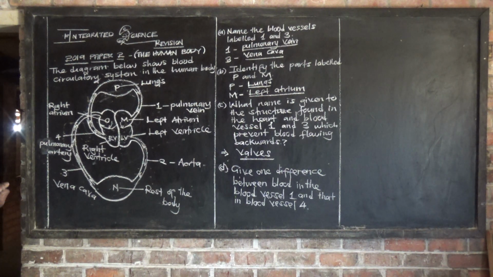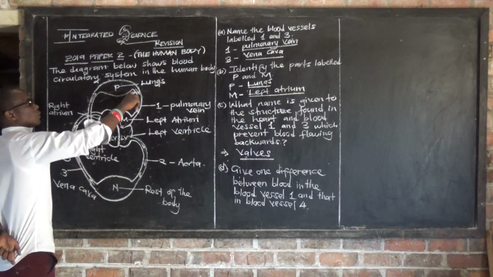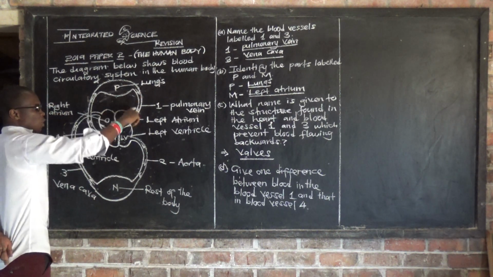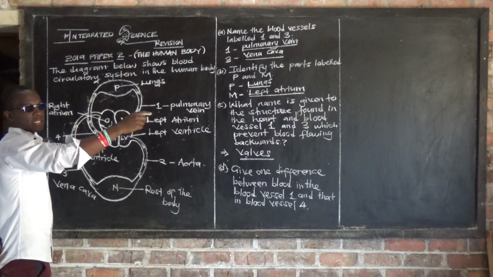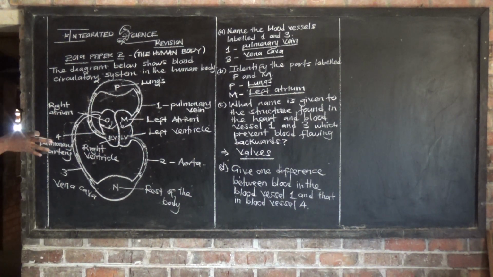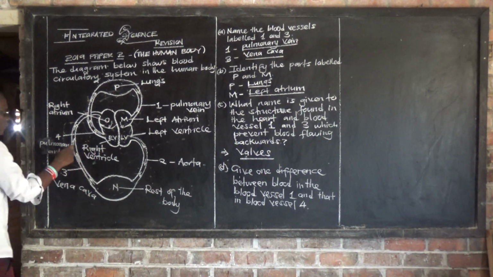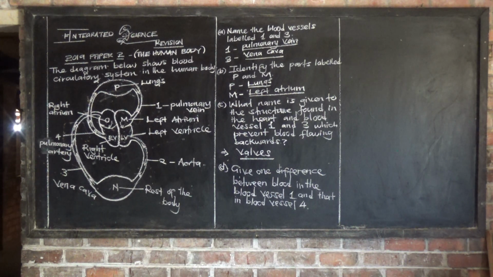Or in other words, you can say blood which flows through blood vessel 1 contains high oxygen, or more oxygen, while blood which flows through blood vessel 4 contains less oxygen.